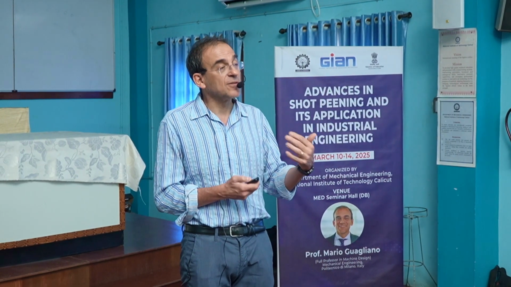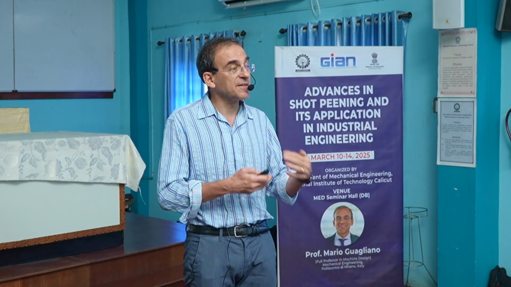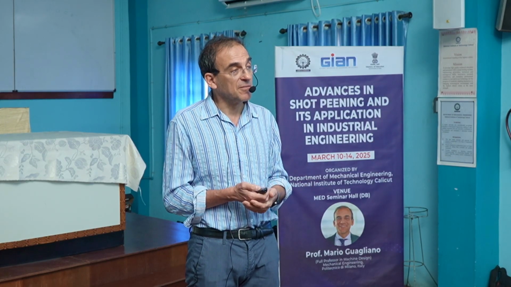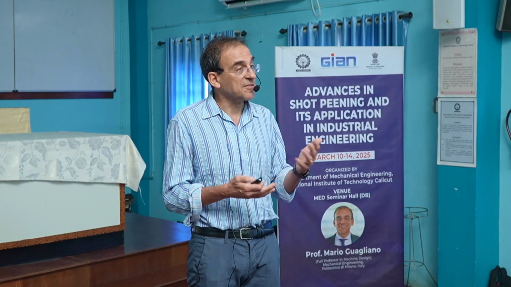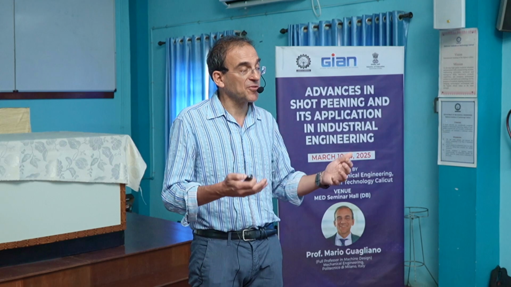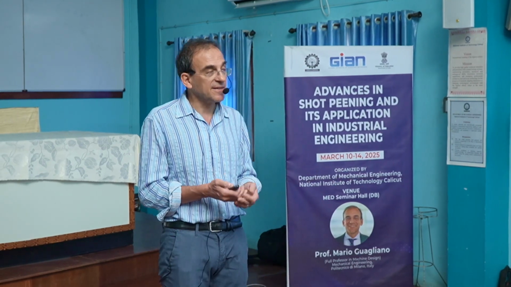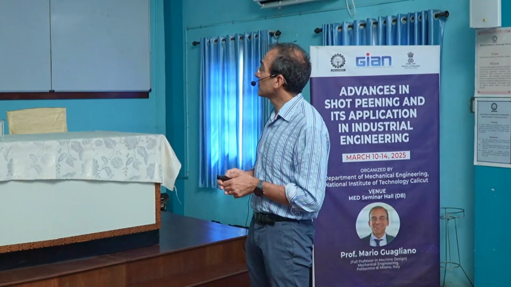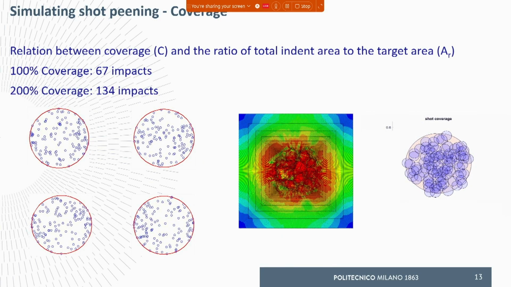Indeed, we repeated the test many times, to be sure that the number was constant and was not changing with the random combination. In the end, it was found that we are able to reach full coverage, 100%, with 67 impacts.